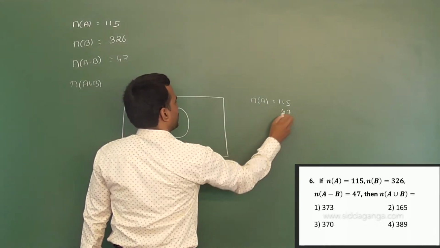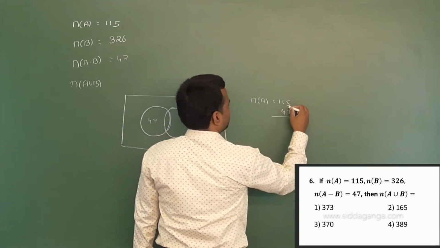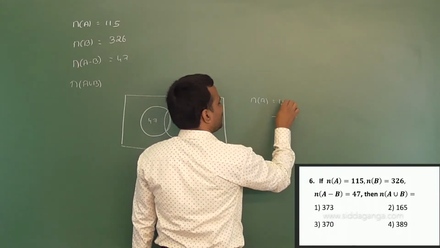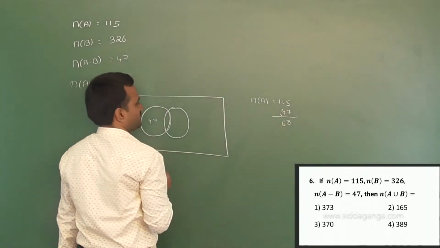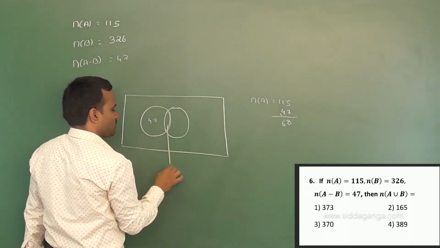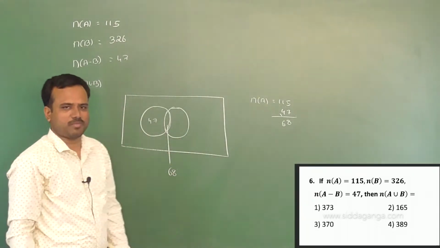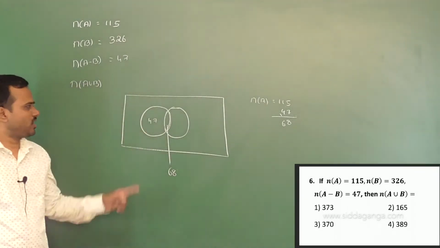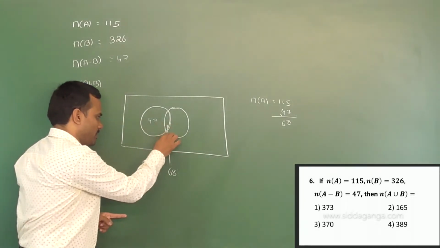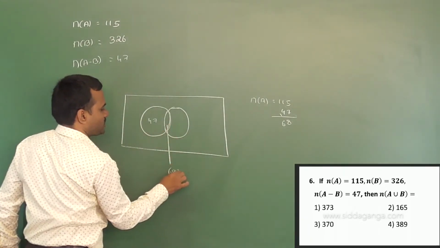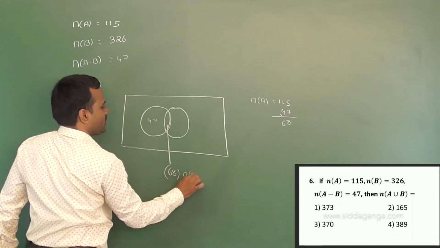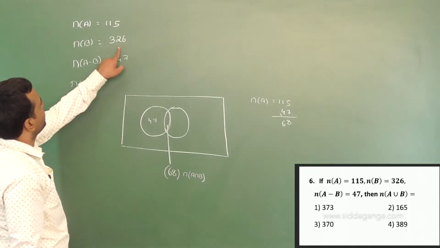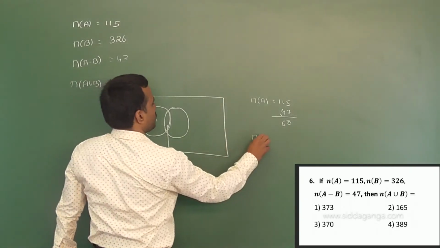We subtract 47 from 115, which gives 68. These 68 elements, because n(A minus B) means the elements present in A but not in B, so 68 is nothing but n(A intersection B). What has been given? n(B).